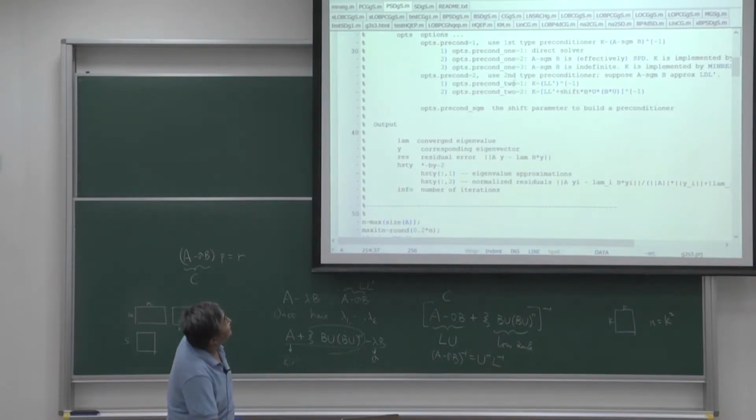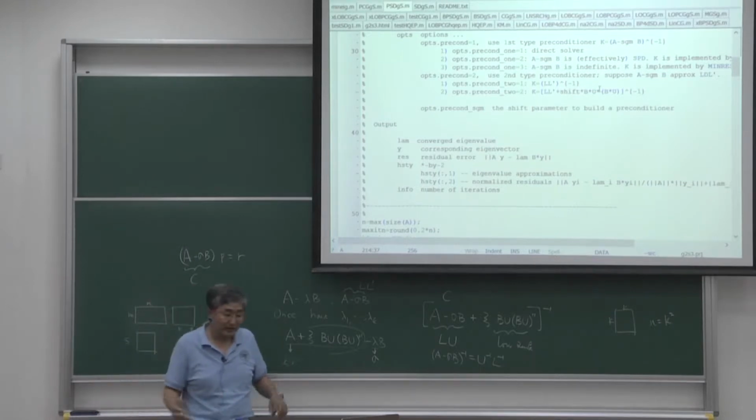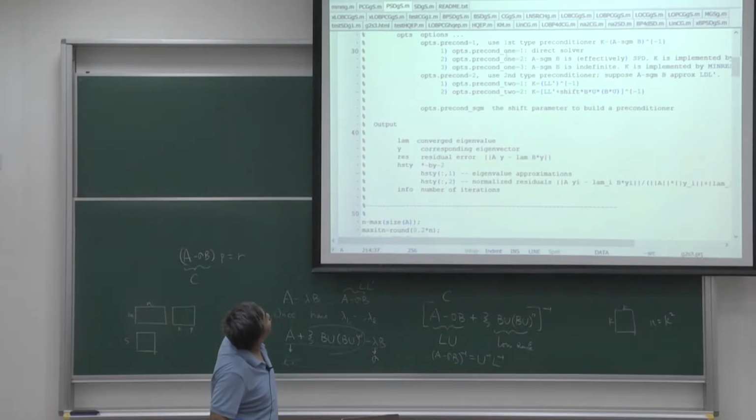And you can test preconditioner 2 option 1 without the shift; the second eigenvalue converges very poorly. I tested that, and I'll let you try that. But let me just show this second type of preconditioner using option 2, which means I include the shift for the later eigenvalues.